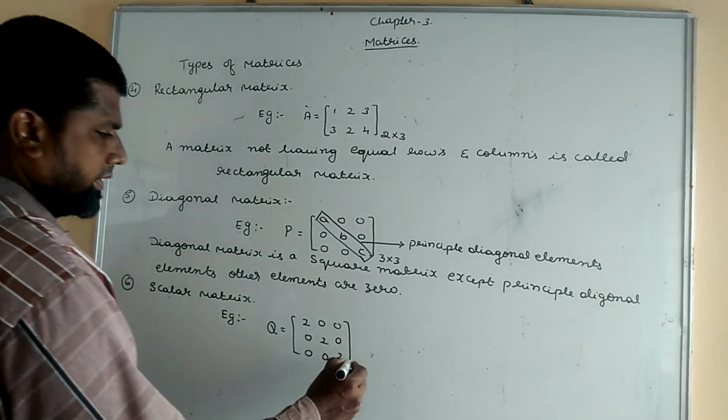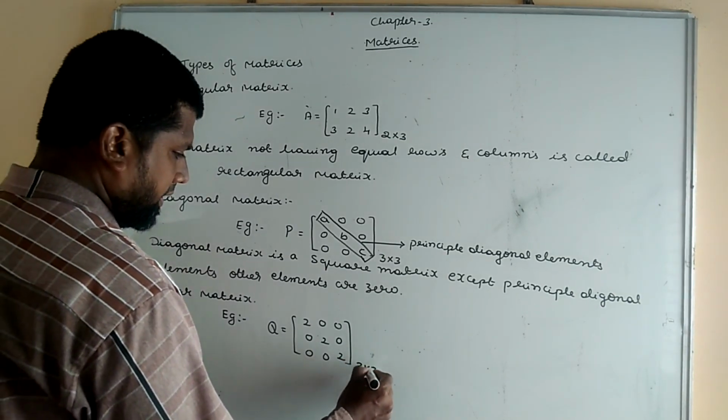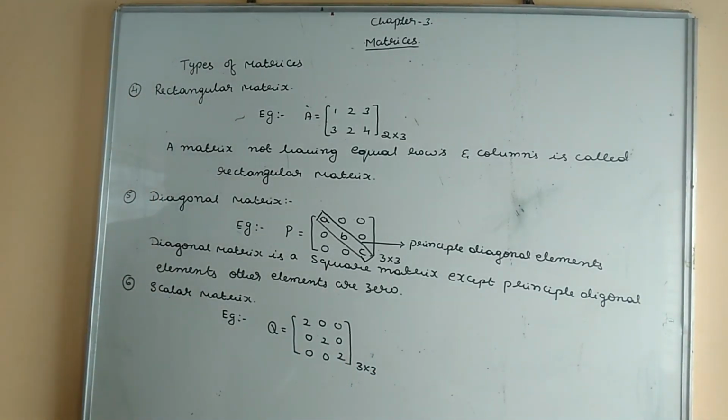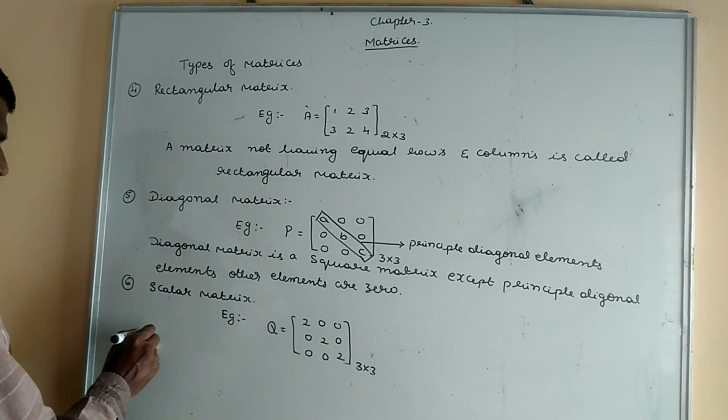The order of the matrix is 3 cross 3, and it is also a square matrix because it has equal rows and equal columns. We can write the definition.